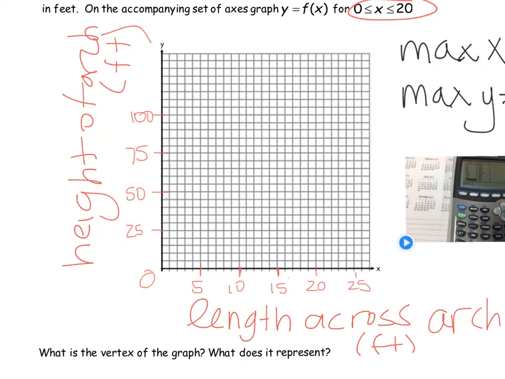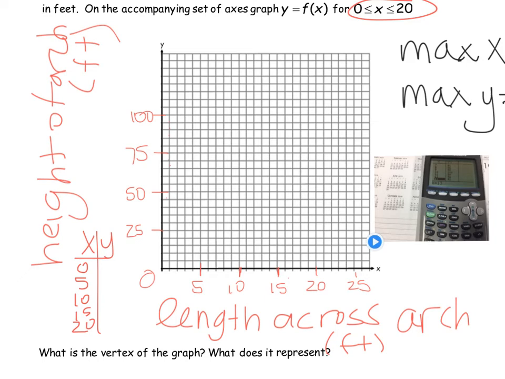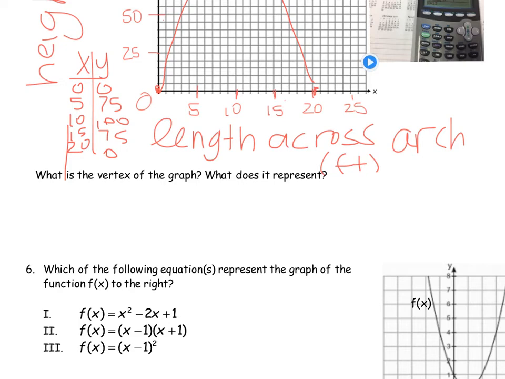Okay, so now our table of values we're going to look at right now. If you look at my table, I'm matching up all of the values. So 0, 0. 5 is with 75. 10 is with 100. 15 is with 75. And 20 is with 0. So we're going to graph it. I have the points, and now I'm going to make the arch. Good. What is the vertex? Well, the vertex is here at 10, 100.